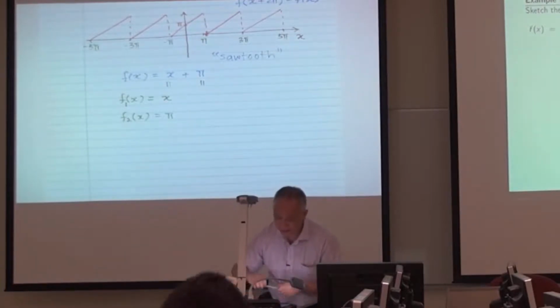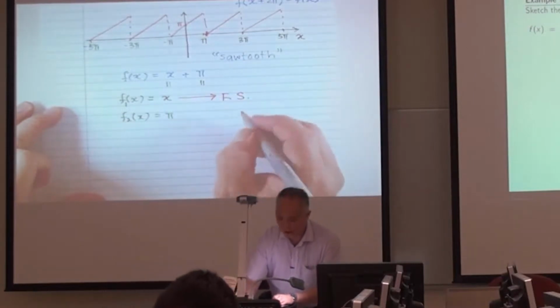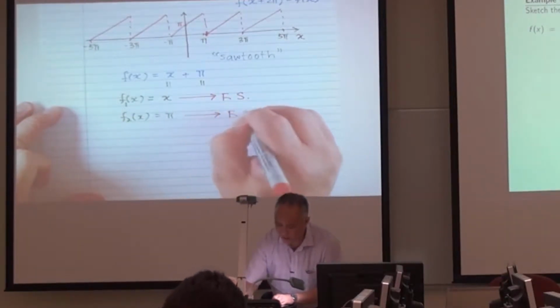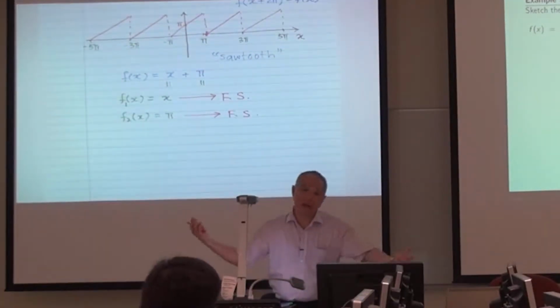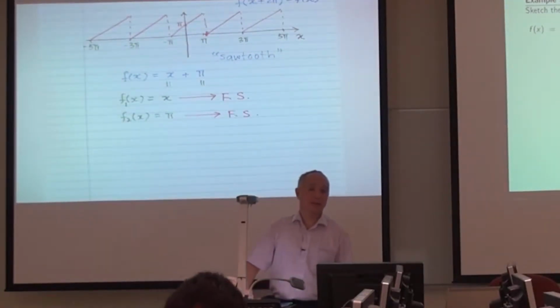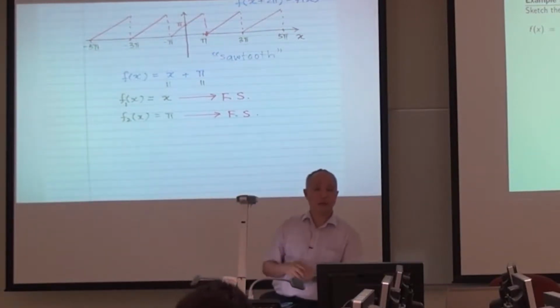Then you can find the Fourier series for this, and you can find the Fourier series for that one, and they are all sums, right? So you add them together. That may be easier. I don't know whether you can try your other way.